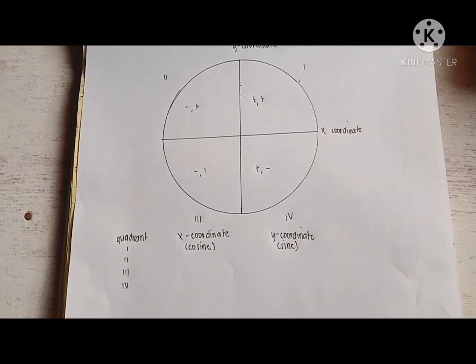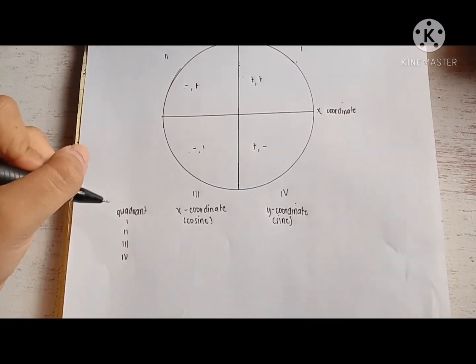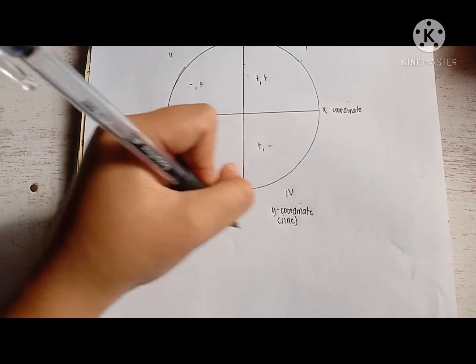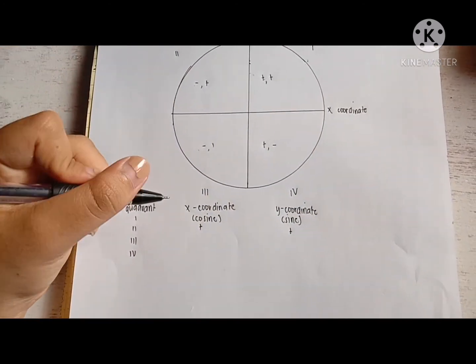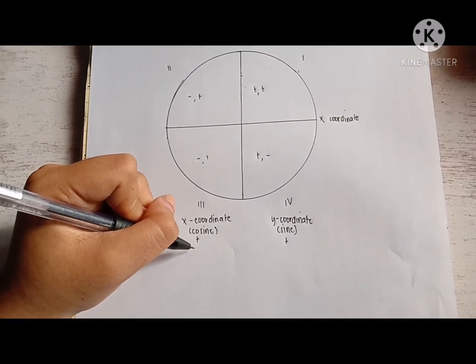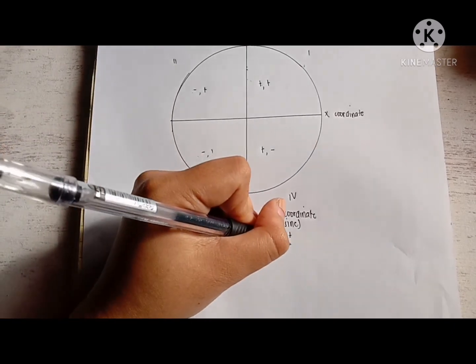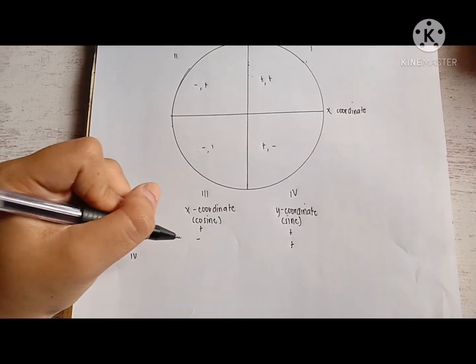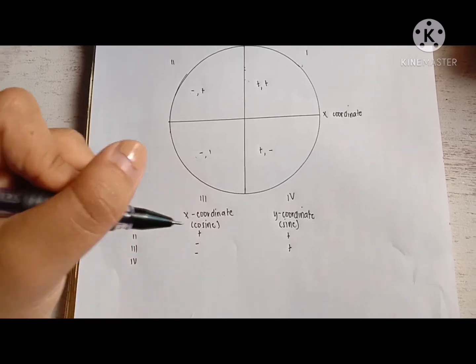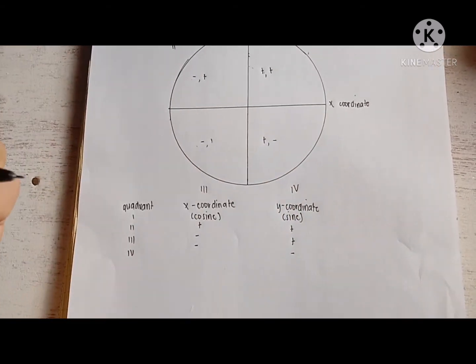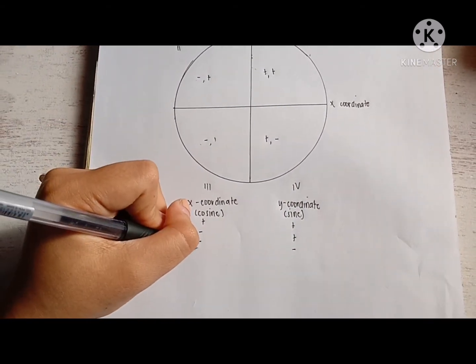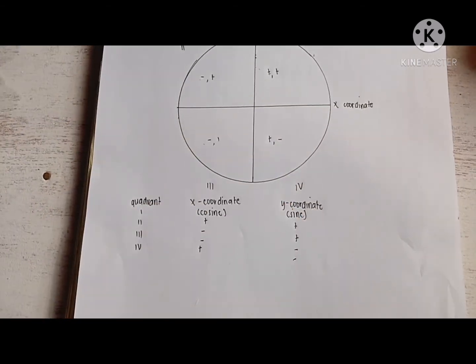So, as I said earlier, the first quadrant is positive and positive. The second quadrant is negative and positive. The third quadrant is negative and negative, while the fourth quadrant is positive and negative.